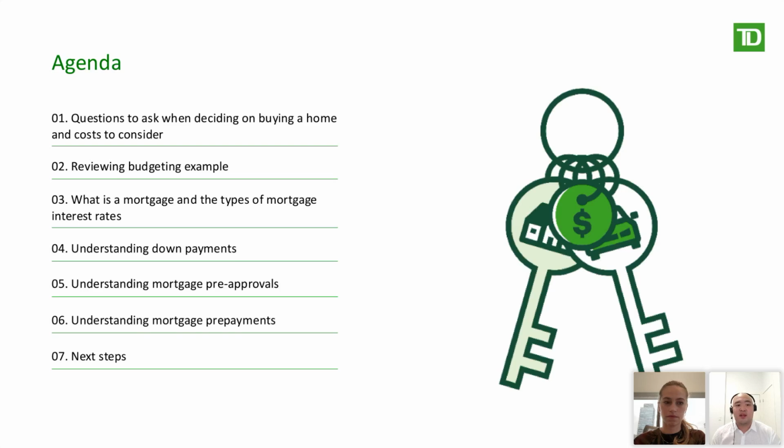Understanding down payments and the requirement thresholds around purchases, with how much capital you need to have initially to purchase. Understanding mortgage pre-approvals, understanding mortgage prepayments, and then also next steps to reach out potentially to TD or your preferred bank for a pre-approval or any other questions as it pertains to your unique situation.